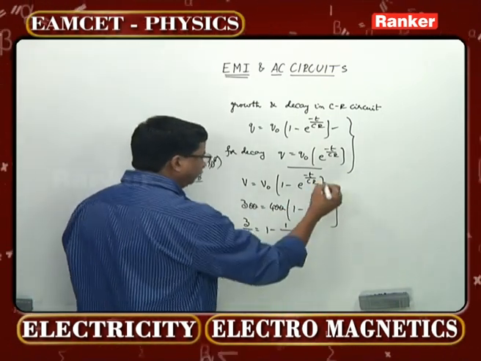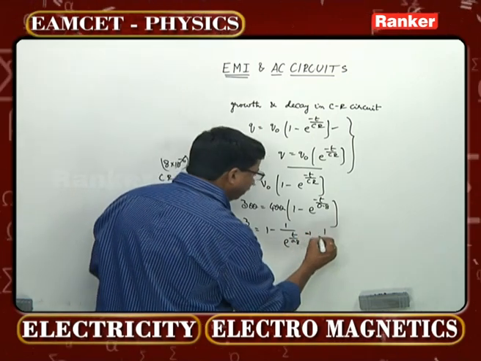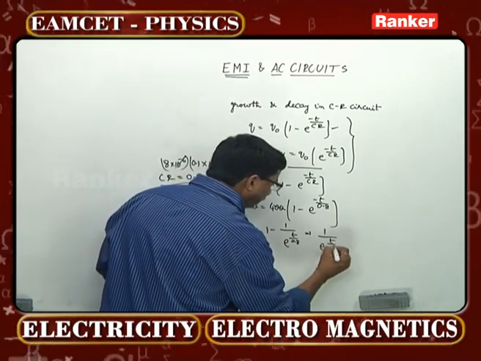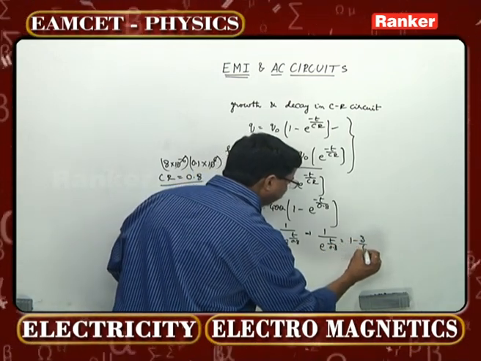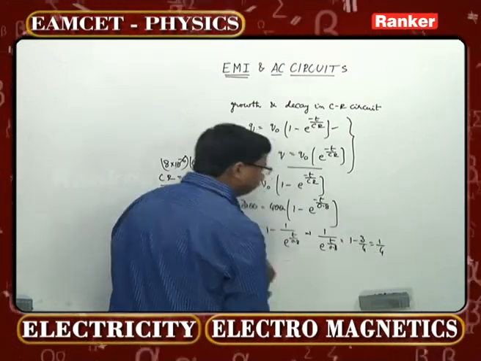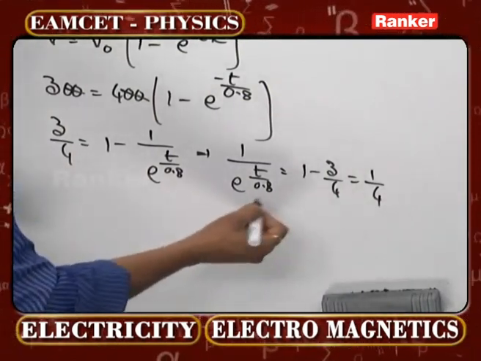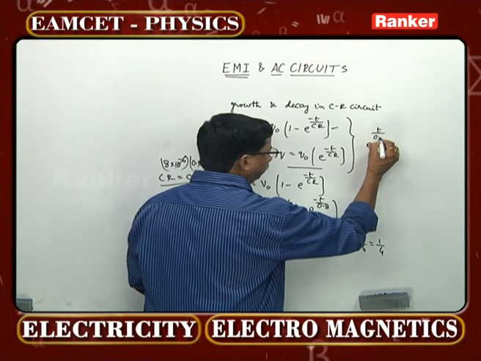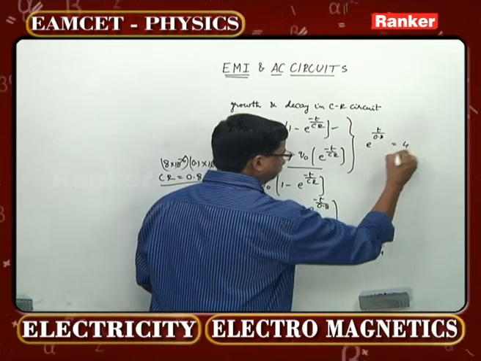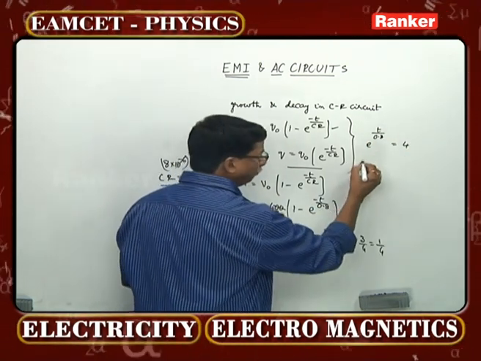This in other words I can rewrite the same this way. 1 by e power t by 0.8 is equal to 1 minus 3 by 4, which is 1 by 4. Come on, denominators you equate them. E power t by 0.8 is equal to 4. Now take logarithm.